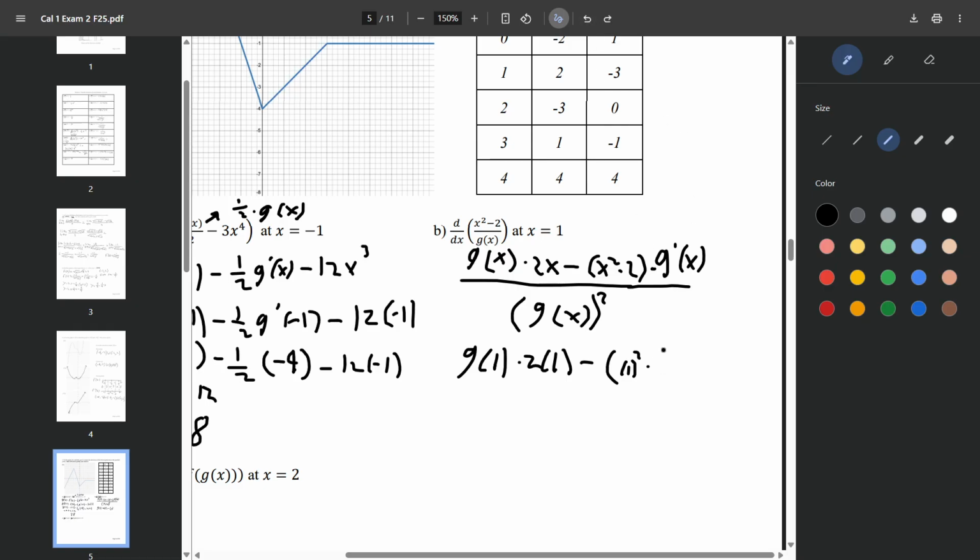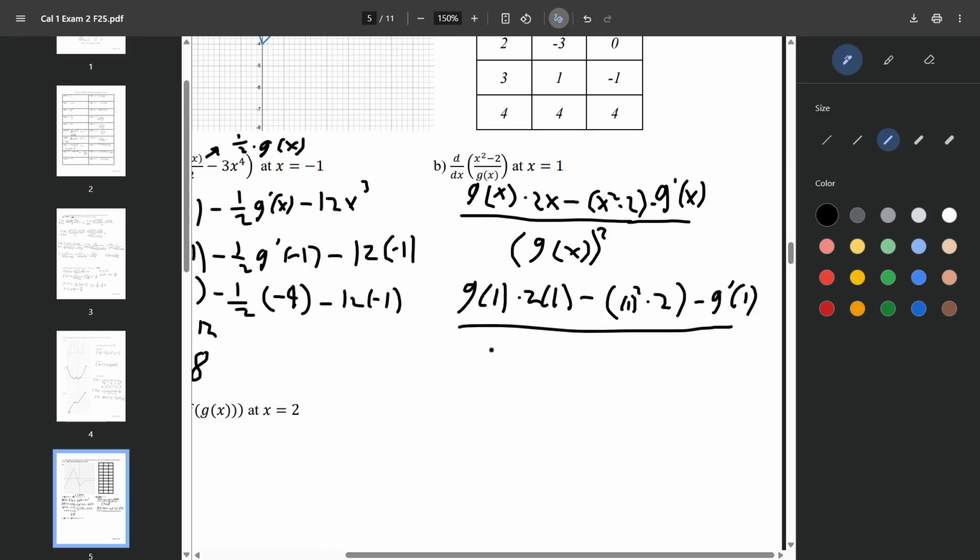We're looking at x equals 1, and that will be equal to 2 times 2 minus negative 1 times negative 3.